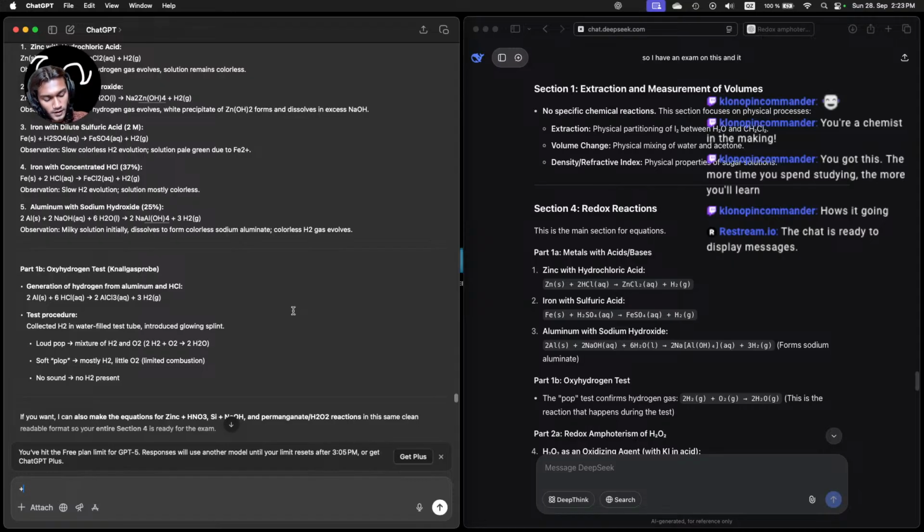Okay. Again, repeat all the reactions. Zinc plus HCl, aluminium plus HCl, iron plus H2SO4, aluminium plus NaOH. 2Al plus 6HCl gives 2AlCl3 plus 3H2.